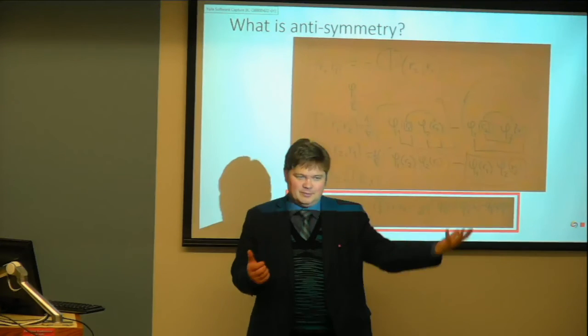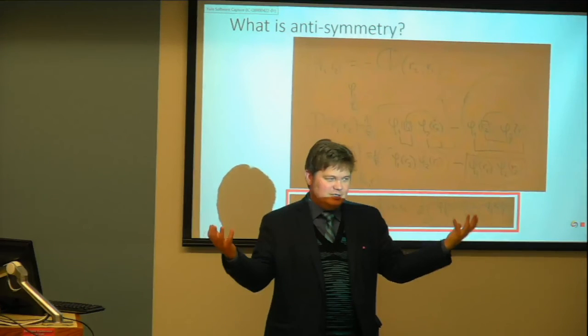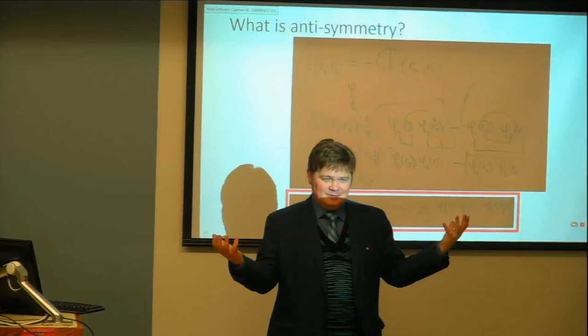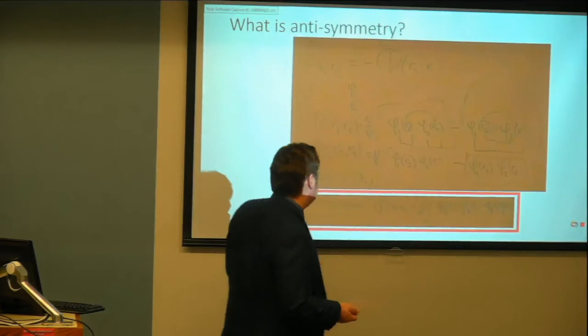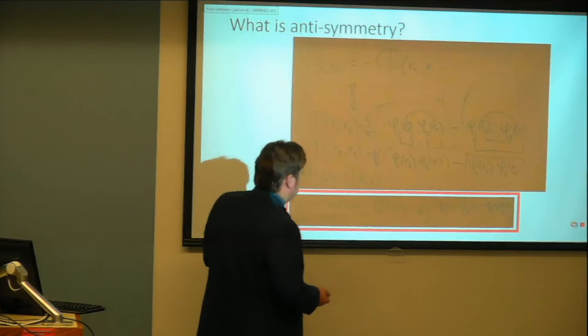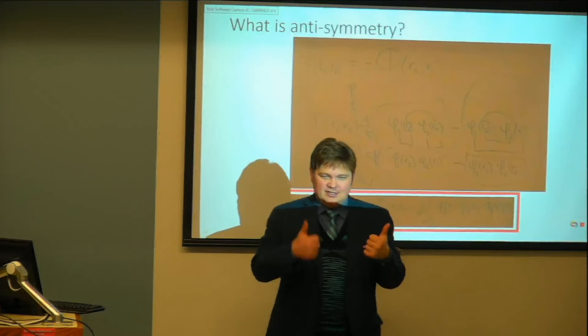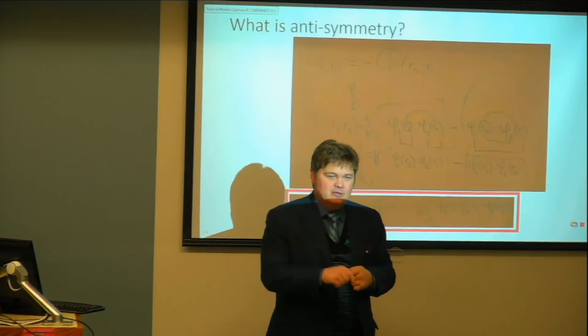So I accept the antisymmetric wave function on one hand, and on the other hand, I want to violate the Pauli exclusion principle. What will happen? So I will try to put both the first and second electron into the first orbit.